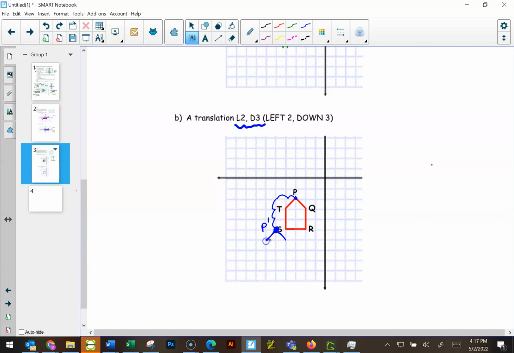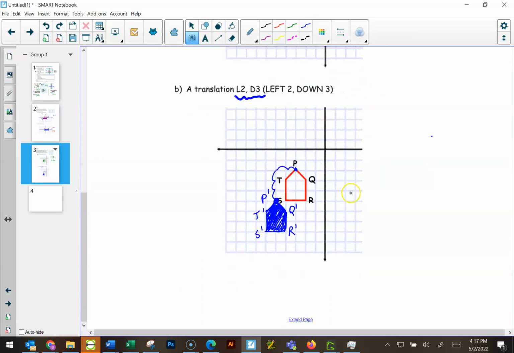So why don't I just draw the object, as long as it's oriented in the grid in a way that makes it easy for me to visualize it. I picked it up, I moved it over 2 units, and I moved it down 3 units. And I ended up there. My points are all going to be in the exact same order that they were before. I'm just going to make them primes instead to indicate that it's the translated version.